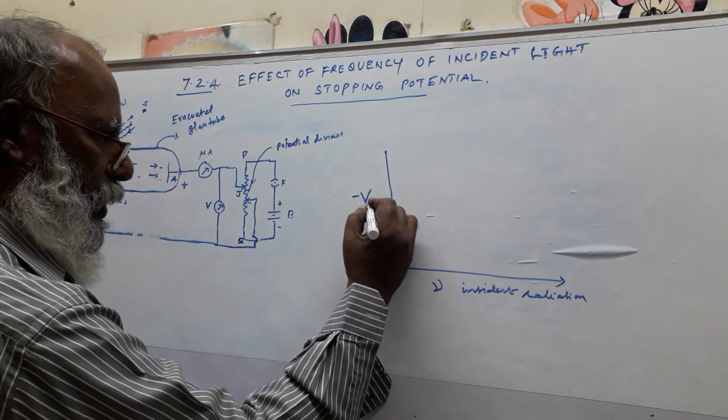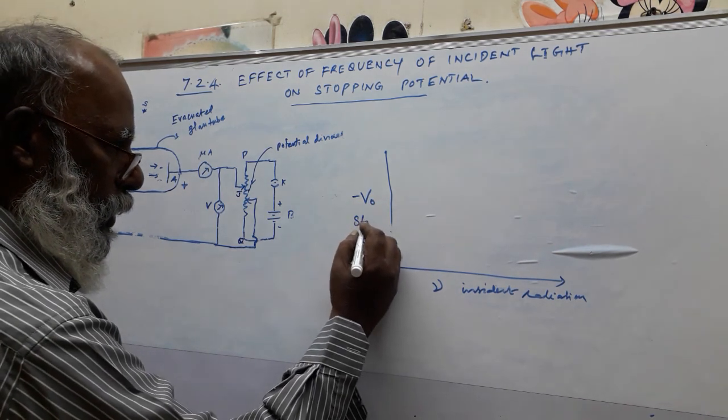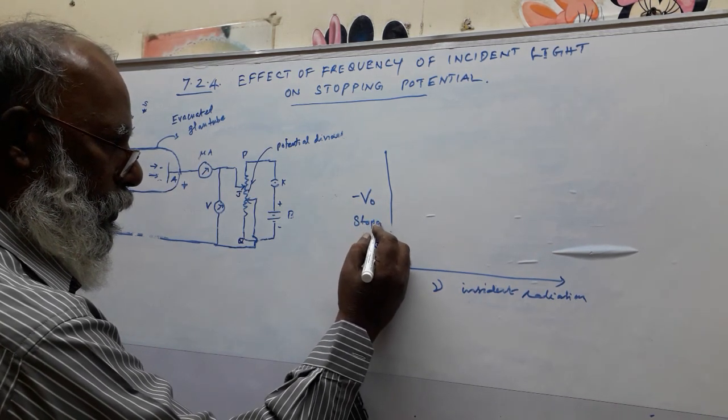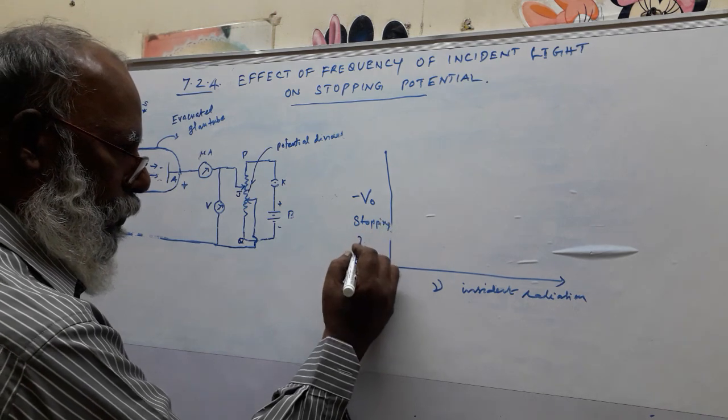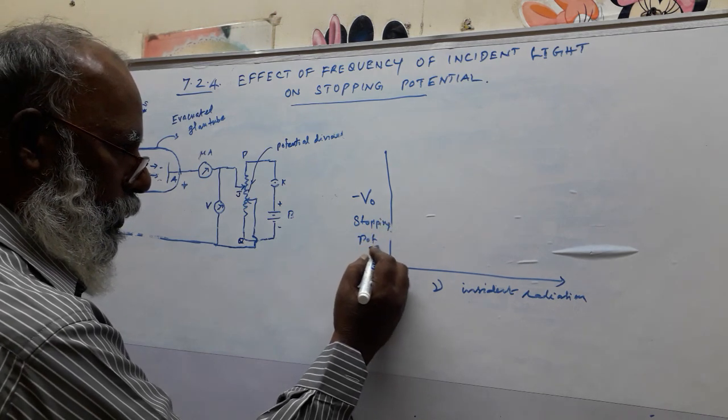Generally we say V naught, or stopping potential.